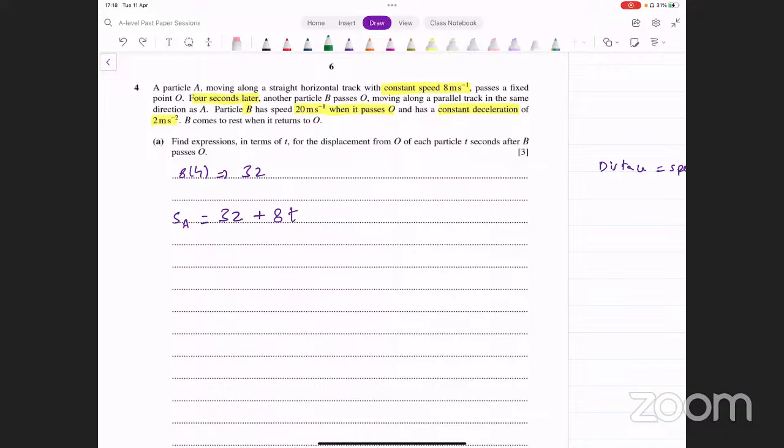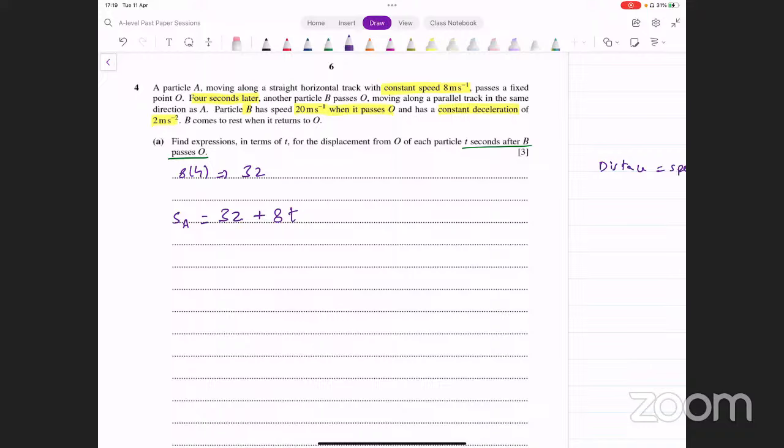It has already traveled 32 distance. Remember, when does time start? Time starts from when B crossed O. So at time 0, 32 is the distance already traveled. At time equals 1, it is 32 plus 8 times 1, that is 40, and so on. All right, so that's the displacement formula we have for particle A.